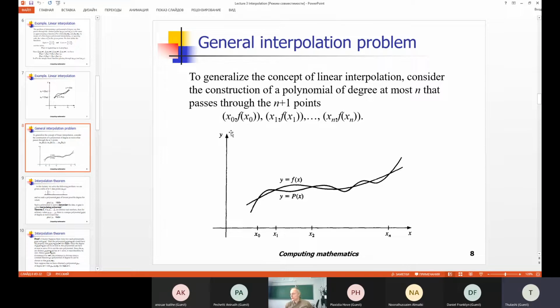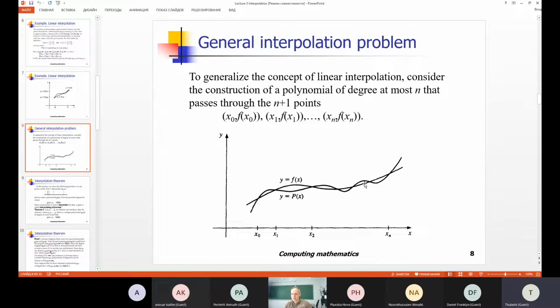These n plus 1 points are x0, f of x0, x1, f of x1, xn, f of xn. And again, this picture illustrates the situation. We have a function, f of x.